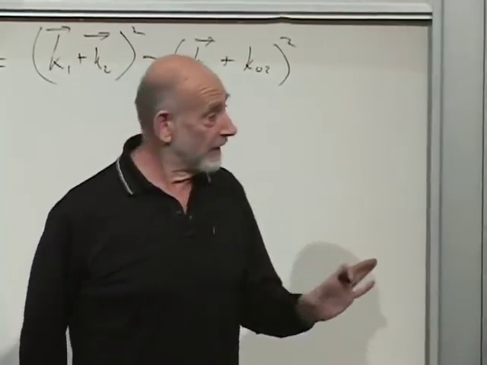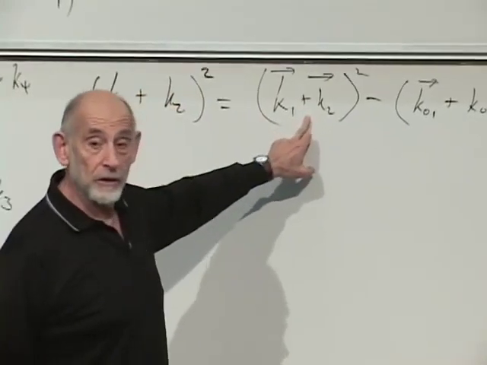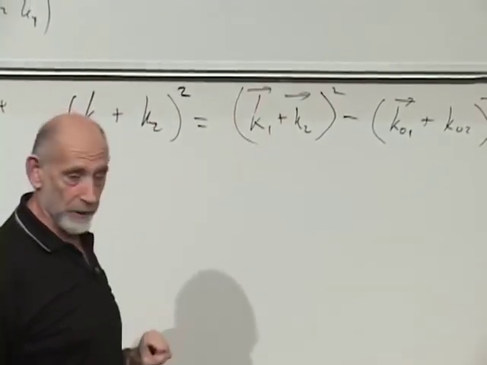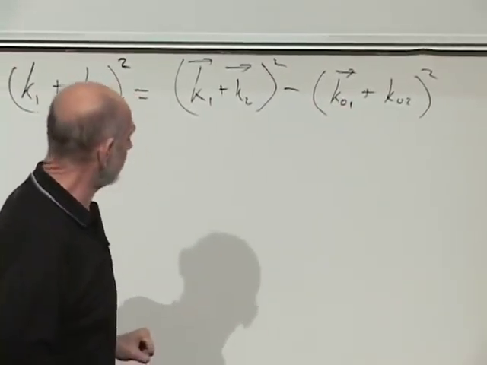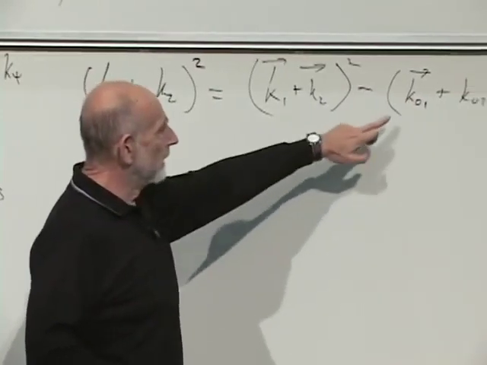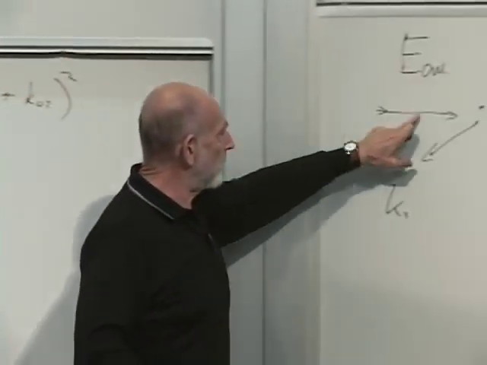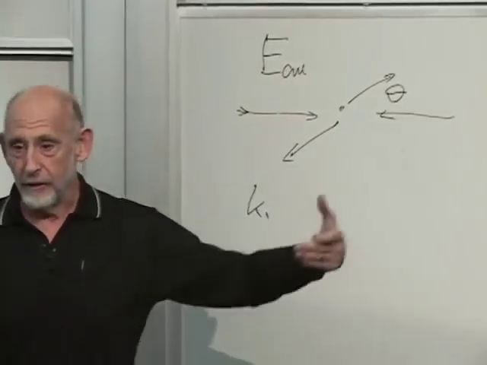Minus K1, right? So the total space component of the momentum in the center of mass frame is 0. We don't have to worry about this one. What about this one over here? That's the energies. We didn't talk about it, but what about the energies of the two particles in the center of mass frame? They're equal and opposite.